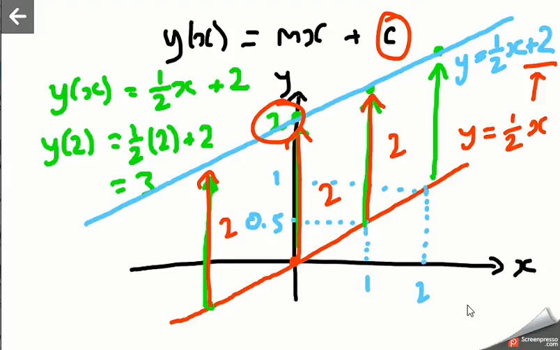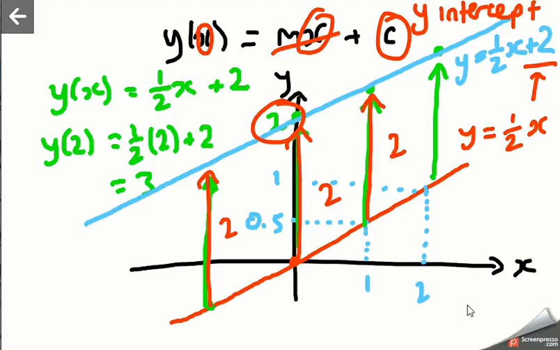That's because the point where it cuts the y-axis is when x is equal to 0. And when x is equal to 0, everything's going to disappear except for the c term. So y of 0 is equal to c, because m times 0 is 0. So for that reason, we call c the y-intercept.